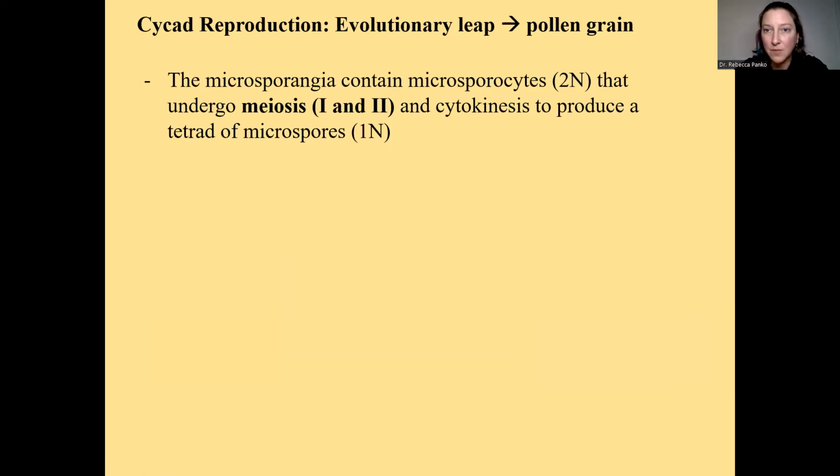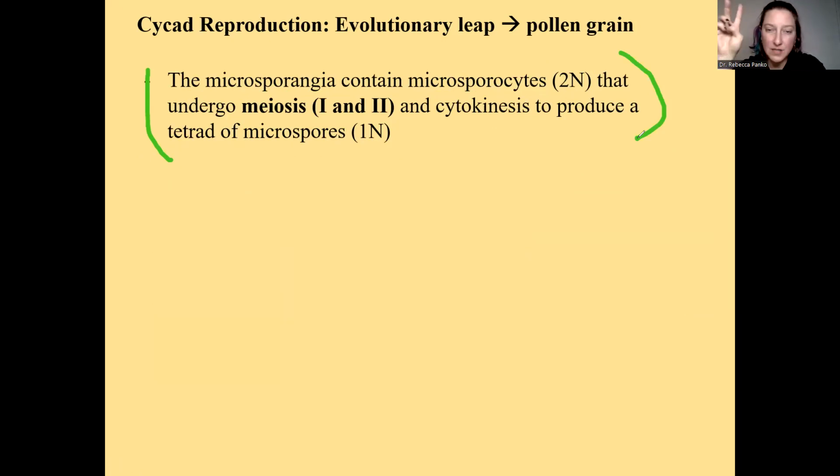But the main thing about it is that they are diploid, right? So there's cells inside of the microsporangia that are diploid. You can call them microsporocytes. And those diploid cells are going to undergo meiosis and cytokinesis to make a tetrad of microspores. That's not different than anything else we've seen so far when it comes to spores being made, right?